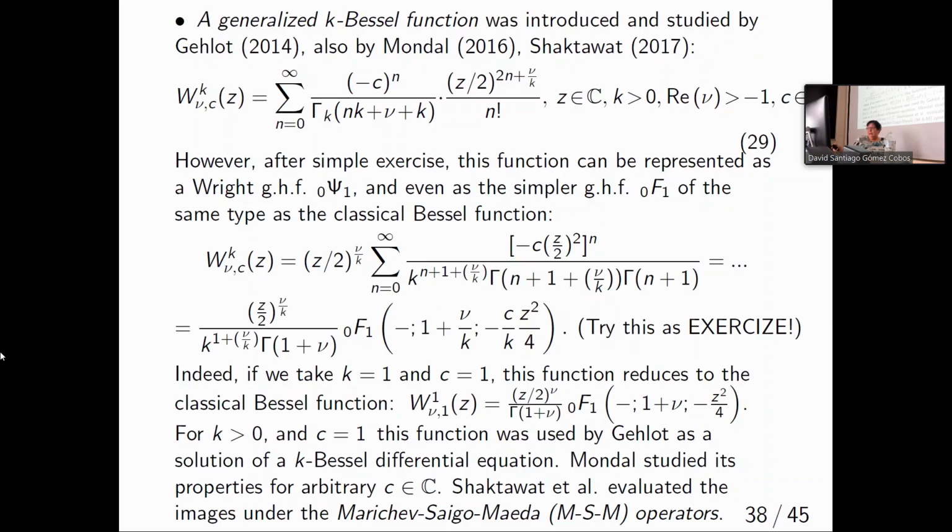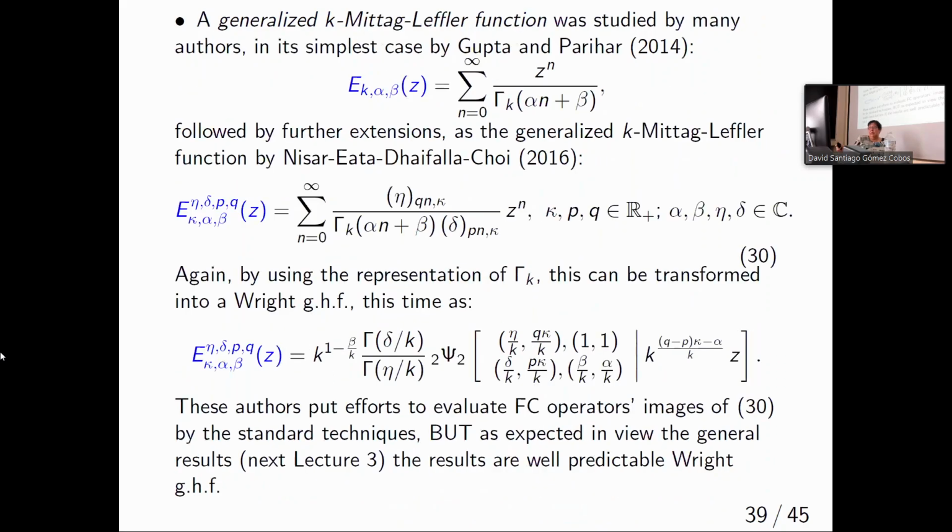You can, as an exercise, check with this case how it can be reduced to the 0F1 function, just the Bessel function, nothing new. But they solve some k-Bessel differential equations. They find some images of the fractional calculus operators, like I will mention in the next talk, and so on and so on, which is not new at all.